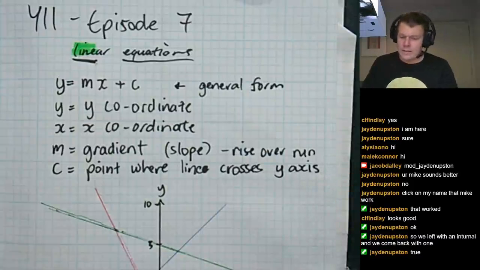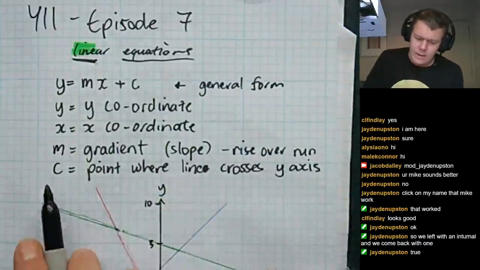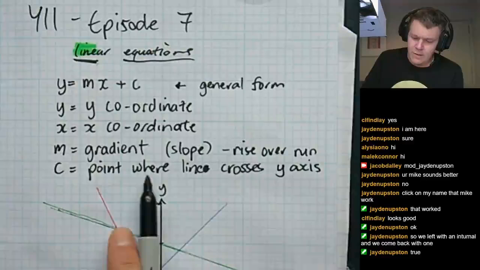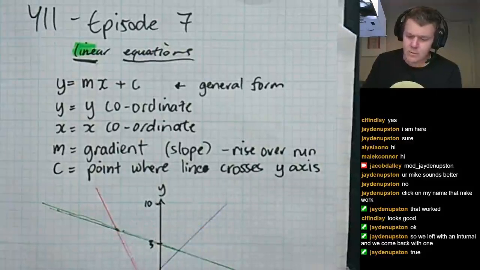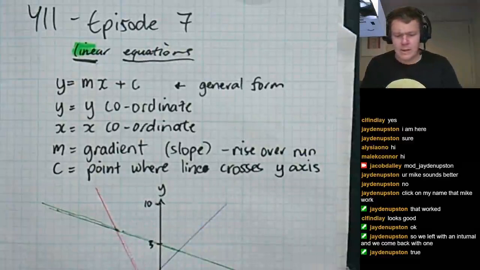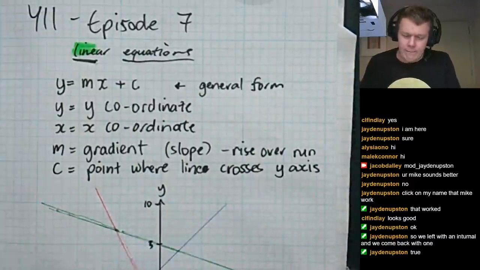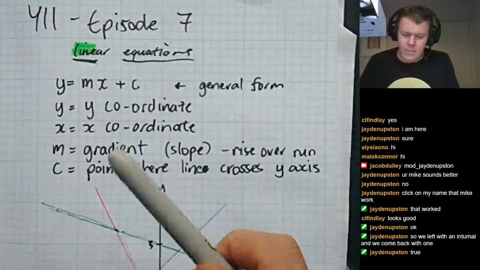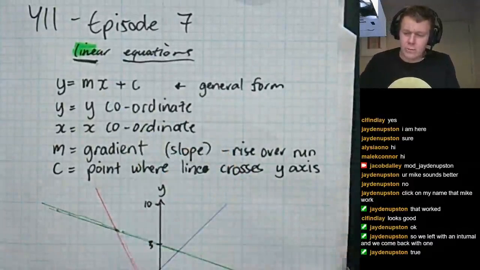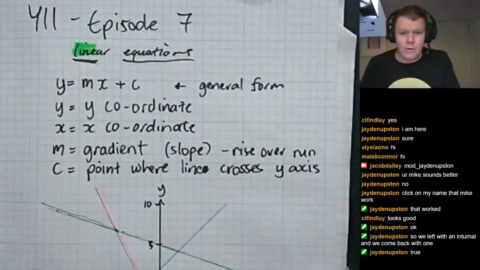And then c is the point where the line crosses the y-axis. Any line that's on an x and y axis can be made using this general form of the line equation.